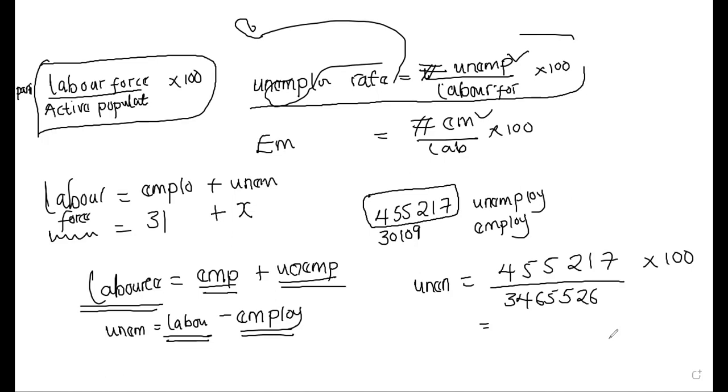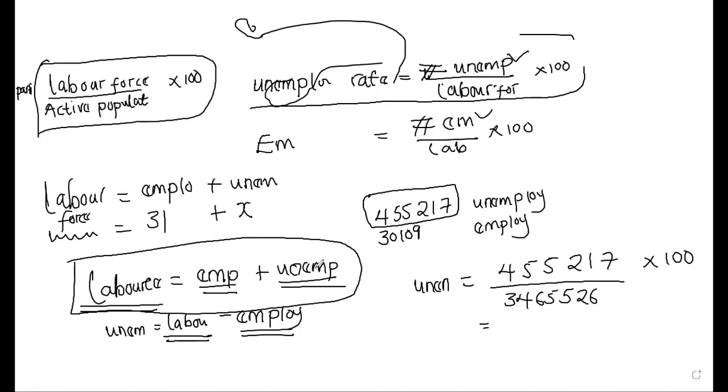So the labor force, where there is unemployment, we replaced the number, which was 3010309. And then we need to find the value of X, right? Which is the unemployment.